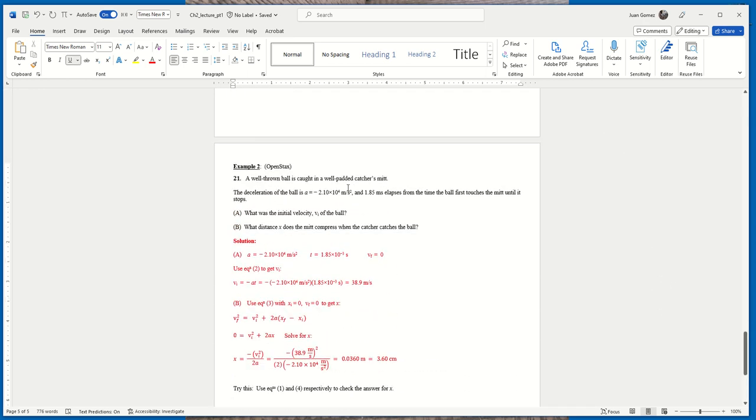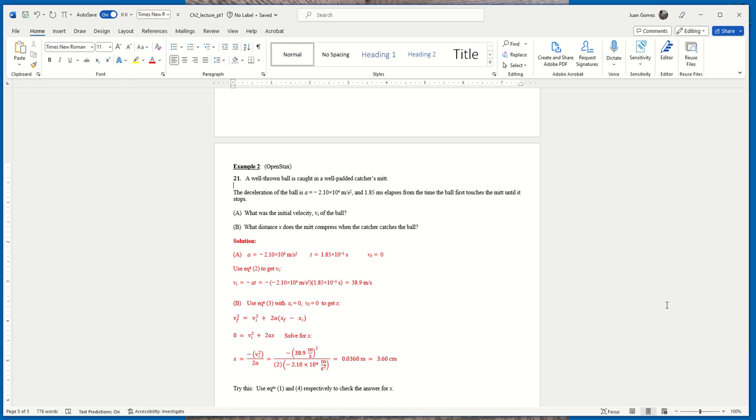Here we have a standard example where we're going to apply kinematic equation 3. A well-thrown ball is caught in a padded catcher's mitt. The ball has an initial speed. When it hits the catcher's mitt, eventually the ball will stop.